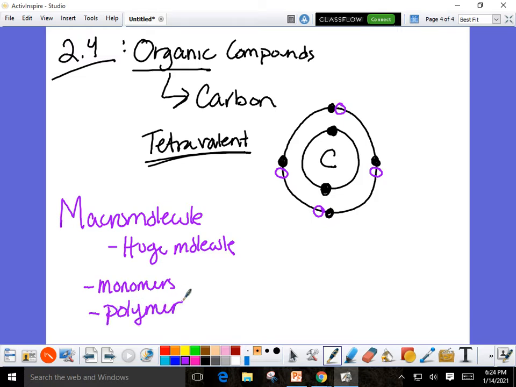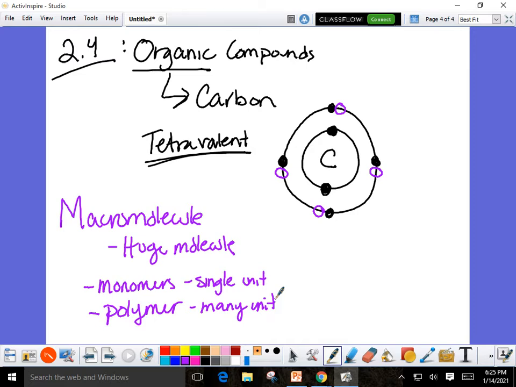I always use the example of a Mardi Gras beaded necklace. Each individual bead is a monomer; it could stand alone by itself. But when you string them together into a necklace, you're forming a polymer. So a monomer is a single unit, the bead, and a polymer is many units, 2 or more. If it's 2 units, it's actually called a dimer, but we'll just go with many units for our purposes.